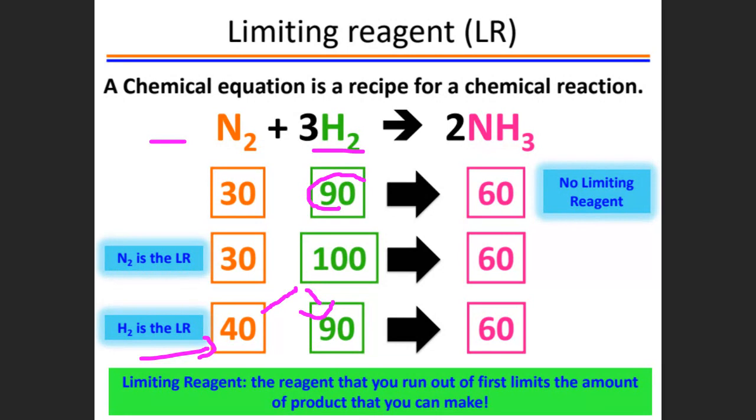Similarly, if we increase the amount of nitrogen but keep the same amount of hydrogen, it still will not make more product. And here the limiting reagent will be hydrogen instead of nitrogen, because we don't have the excess amount of reagent. So the final point is that whichever reagent is consumed or finished first will be the limiting reagent. Okay? So next, let's move on.